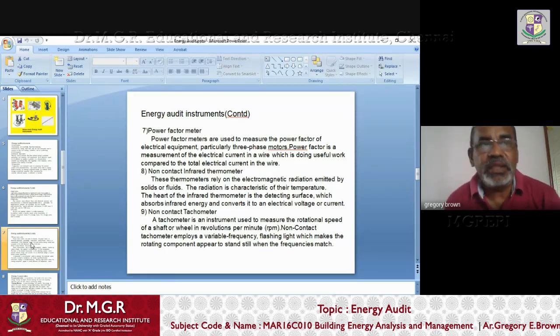You may be aware that there are two types of motors, single phase or three-phase. Three-phase motors are very efficient and can be used only where three-phase power is available, and used mostly in industries.